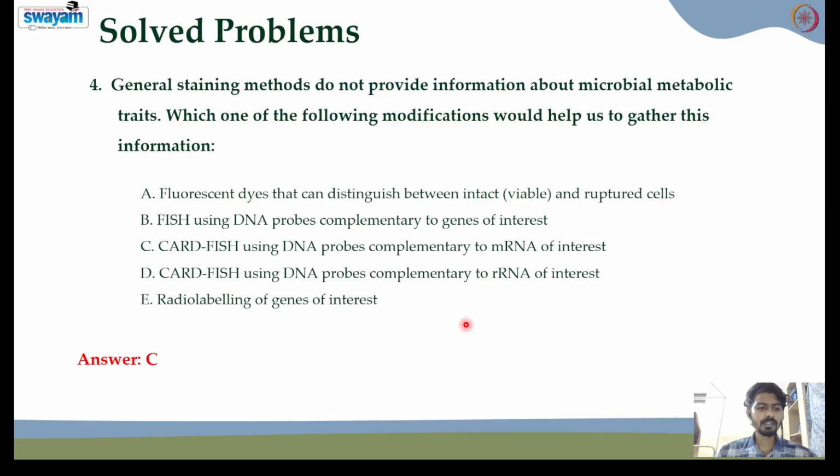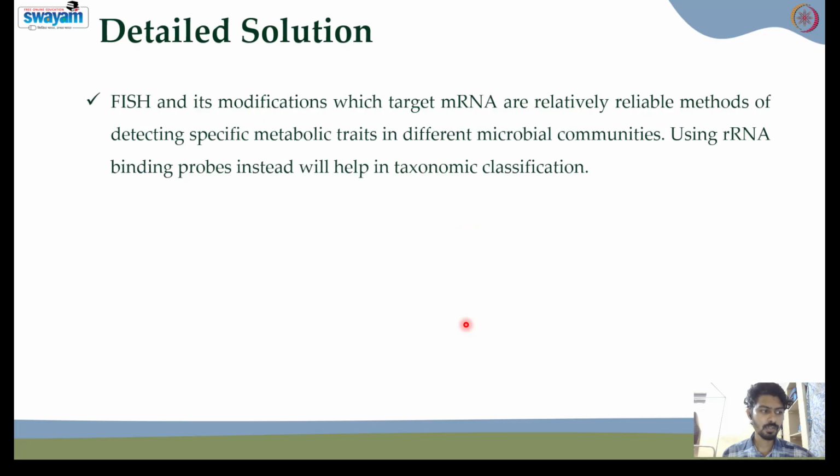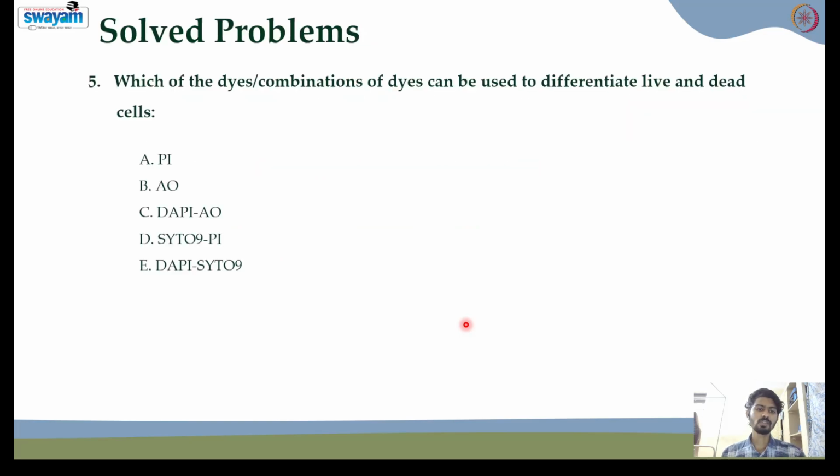So that's why the option C is correct, where CODFISH using the DNA probes that are complementary to the mRNA of interest. So the correct answer is option C, and we will move on to the next question. And next question is, which of the dyes or combination of dyes can be used to differentiate live and dead cells?